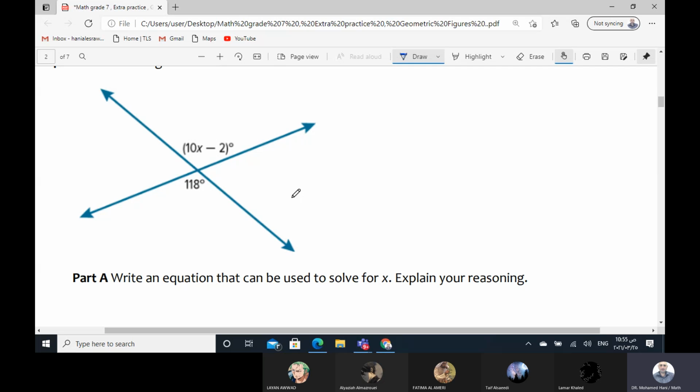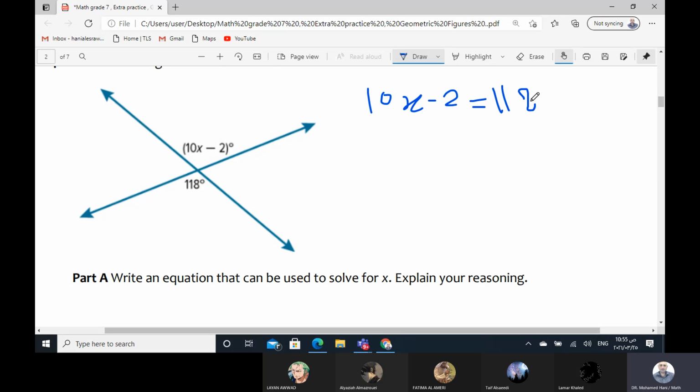What is the property of vertical angles? Congruent or equal. Great, congruent or equal. So what is the equation now? 10x minus 2 equal 118. Great, 10x minus 2 equal 118.